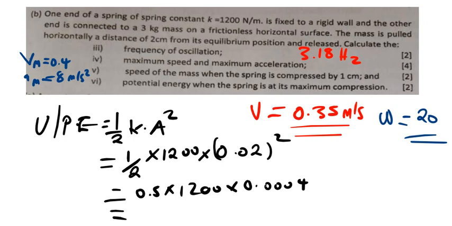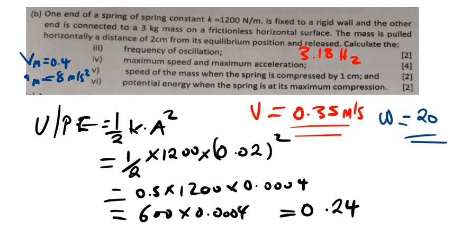Half of 1200 is 600, multiplied by 0.0004. So I'm getting 0.24. Since this is energy, it is in joules. Basically this is how you find the answer for this one.